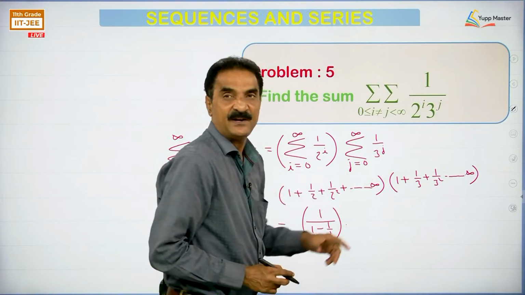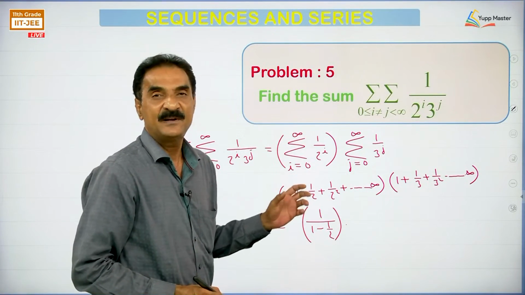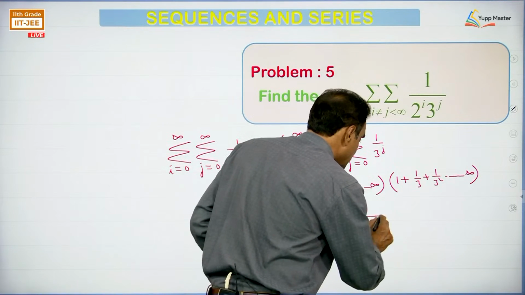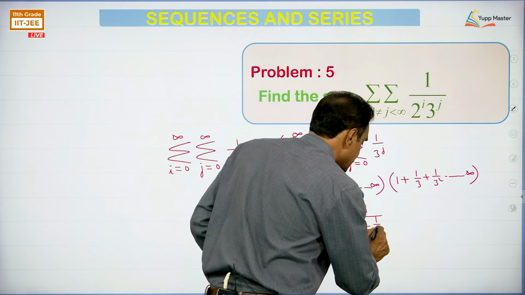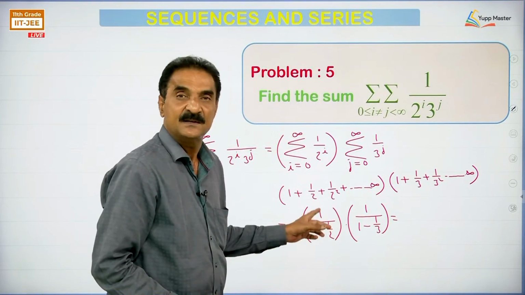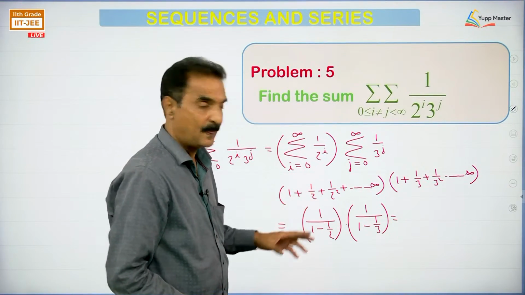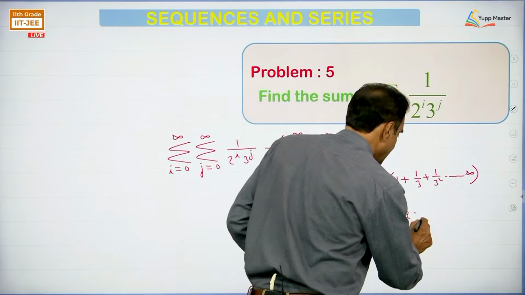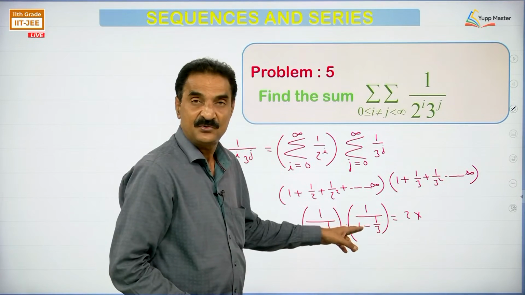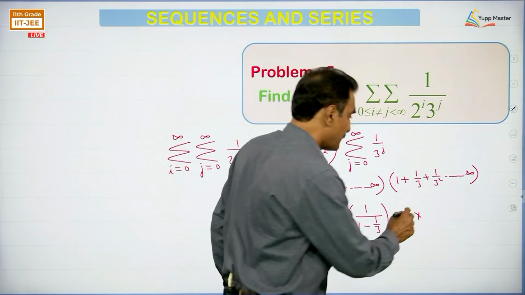This is also infinite GP, first term is 1, common ratio is 1 by 3. So, the sum is 1 by 1 minus 1 by 3, and how much is this? This is equal to 2, into how much is this? 1 by 2 by 3, that is 3 by 2.